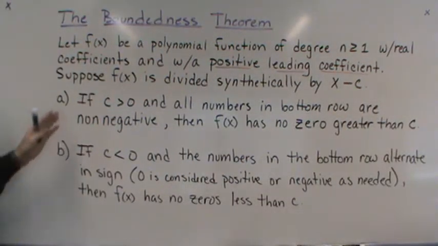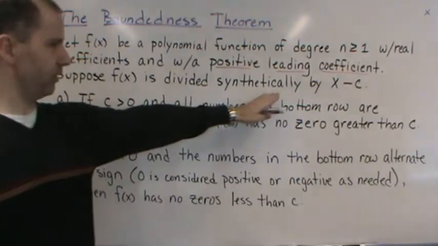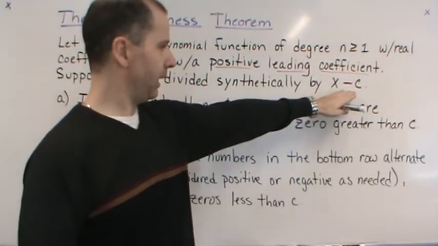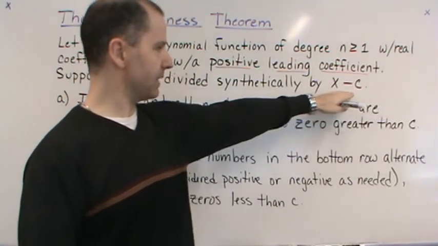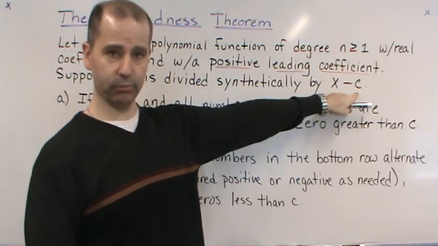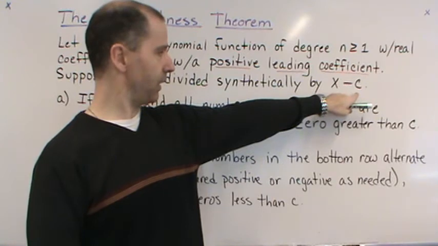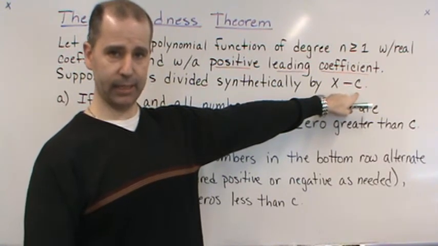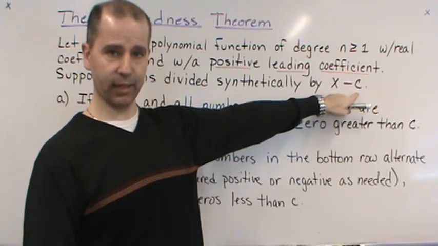Also, we're going to suppose that we're using synthetic division and we're dividing by x minus c. So we're going to be using synthetic division with a c value. Just keep that in mind. This is based on using synthetic division.